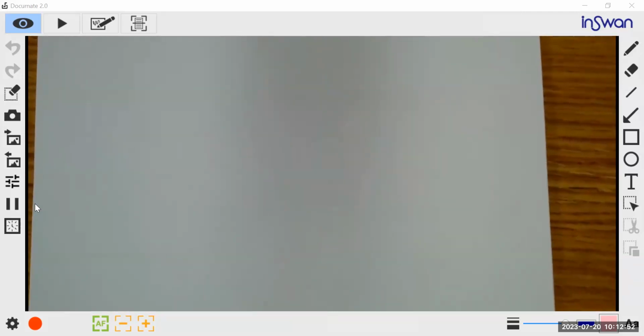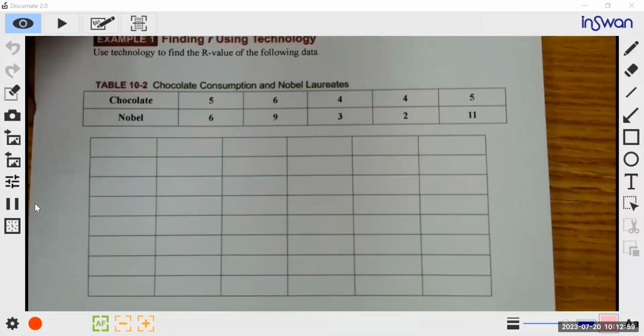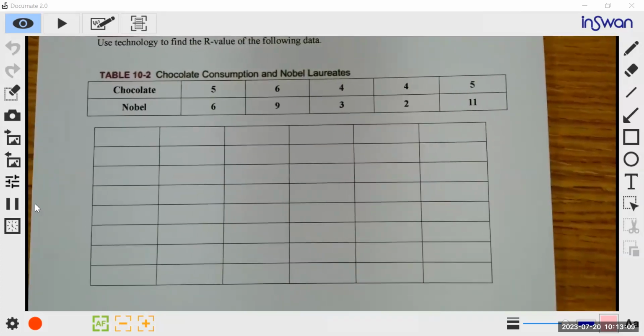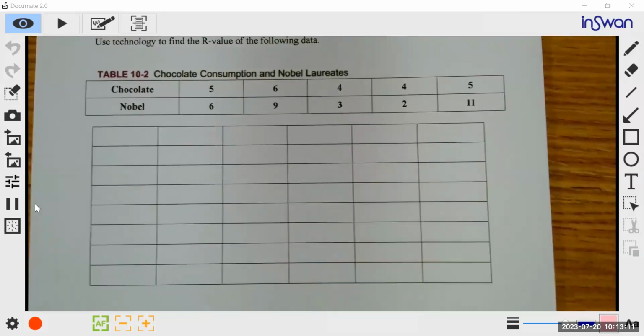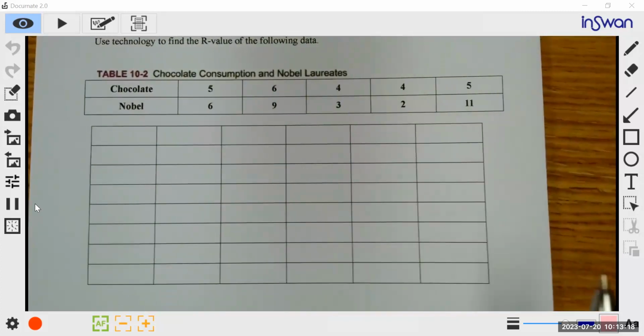I have two of them because we're going to do two different sets of data, two different calculations. Here we have our data. So go ahead and write this down on your sheet. In the future, whenever I have tables and stuff like that, I'm going to make copies and give them to y'all. We're only going to use these pieces of data.